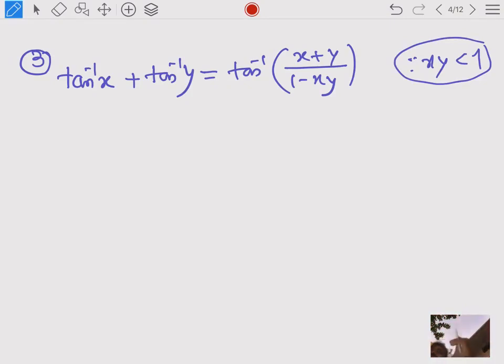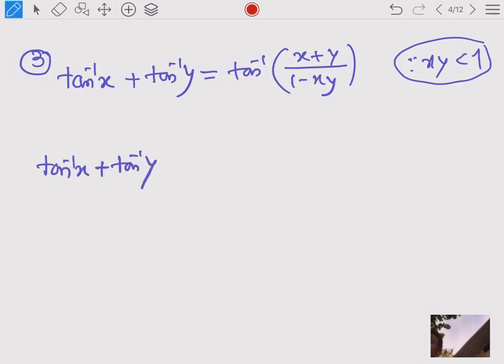Actually this condition is necessary to write, otherwise, so students, I want to use this property in two ways. Definitely it is already given in your book.